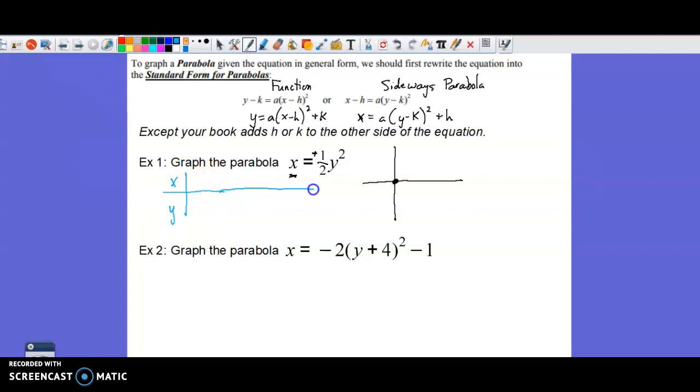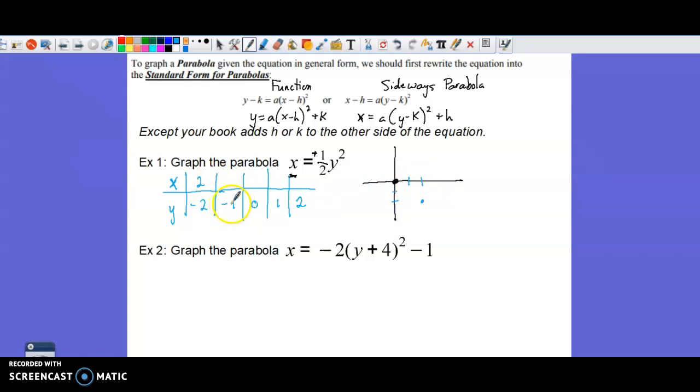Because we're used to putting in values for x, well, this time it actually makes more sense to put values in for y, like -2, -1, 0, 1, and 2. I'm doing this to help you understand why it's opening sideways. Because if you plug in values for y, -2 squared is +4, and half of +4 is +2. So if I look at that ordered pair, it's right 2, down 2.